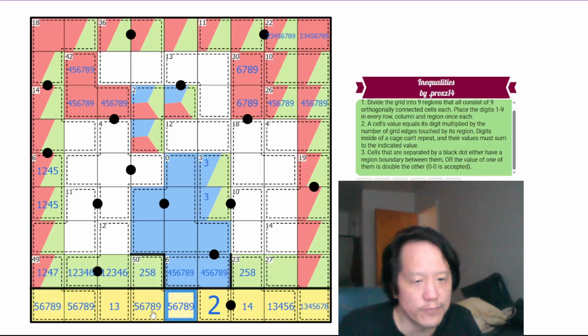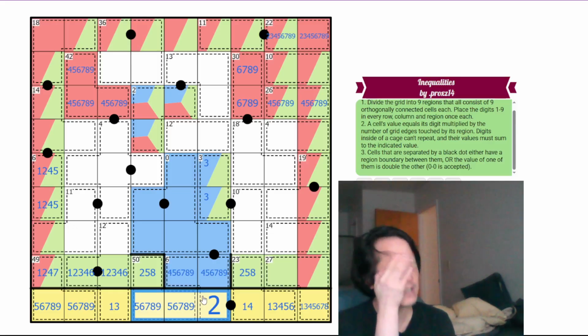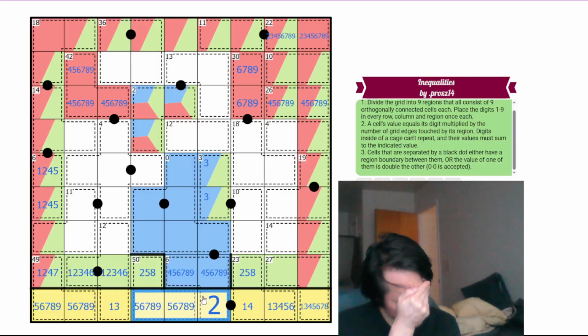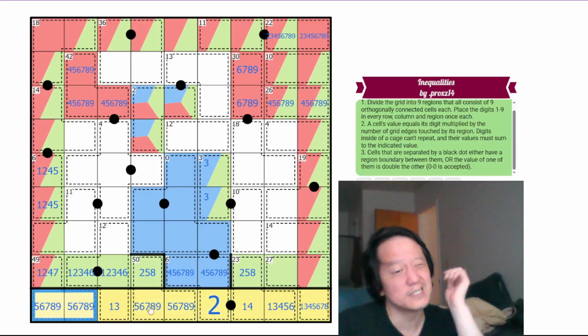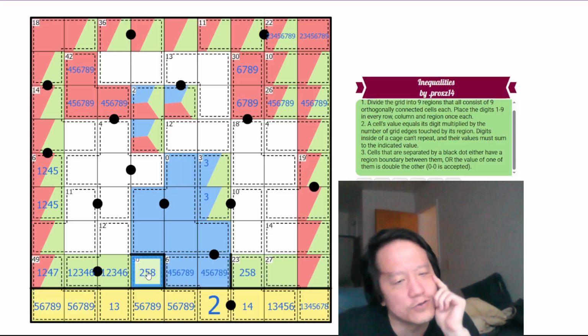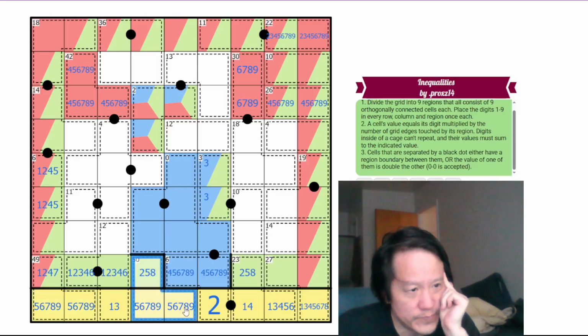Can this ever be 16? Obviously, it can't be 17. Can it actually ever be 16? So 7, 9, and yes, 7, 9, 6, 8. Yeah, so it could be 16 here. Obviously, 15 works also for both.